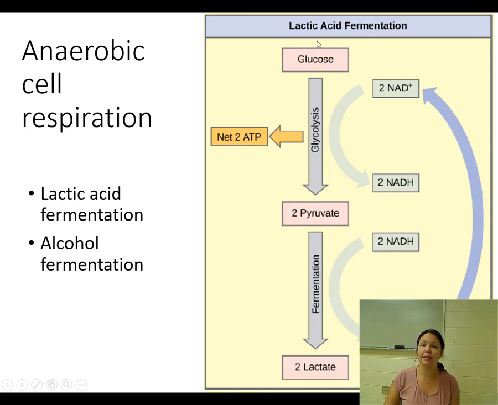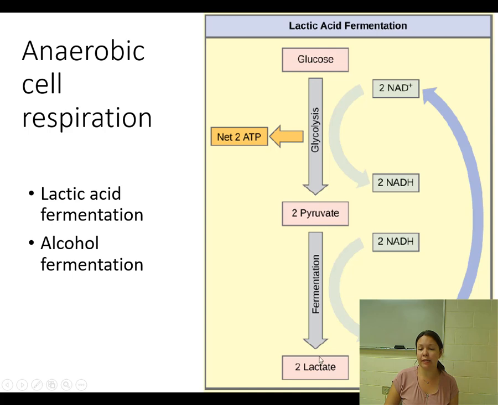So how that works is, again, you have a molecule of glucose. You go through the process of glycolysis, which is step 1, and you generate 2 pyruvates. You have a net output of 2 ATP, but you do generate those NADH carriers as well. Now for the next part, you're undergoing a process called fermentation, and from those 2 pyruvates, you go straight to your end result, which is your lactate or your lactic acid.